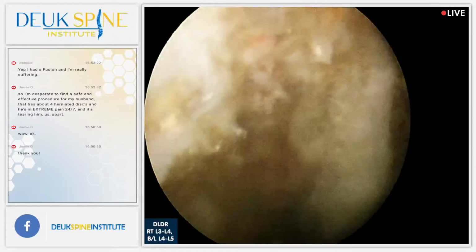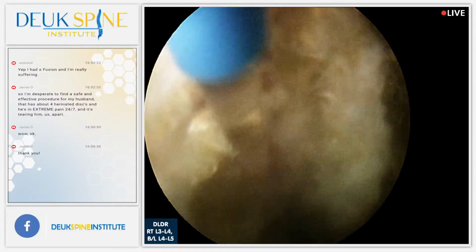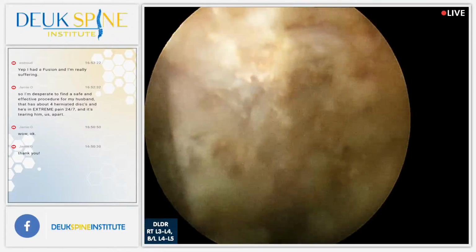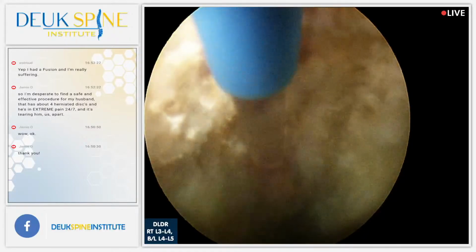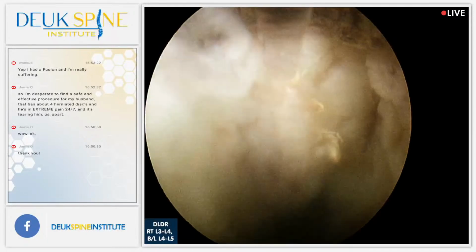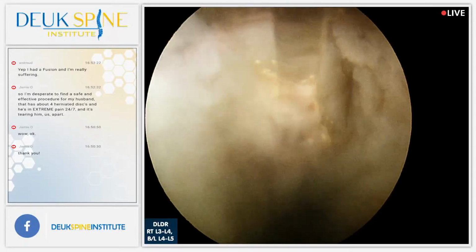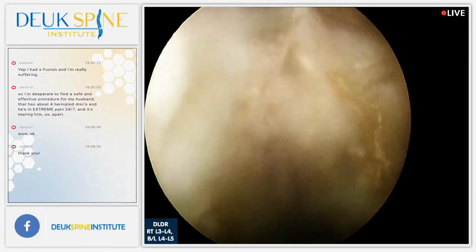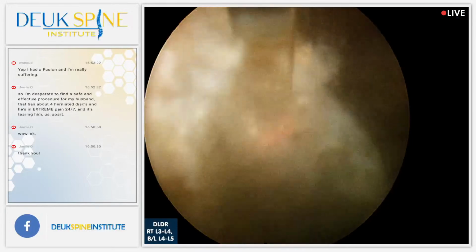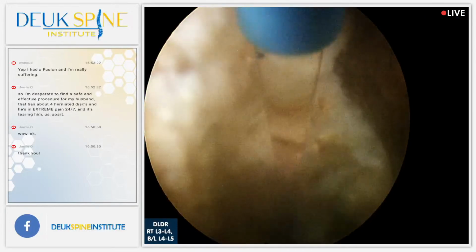And we don't put any spacers in. We don't build the disc back up. Now, they will heal their disc, the patients will, once we've done with the surgery. Their disc will actually build itself, but it will not grow the jelly in the middle back again. Once that's gone, it's gone forever. You don't need that jelly in the middle.